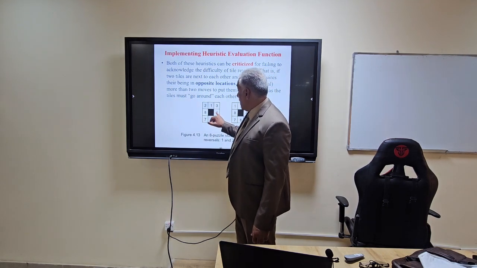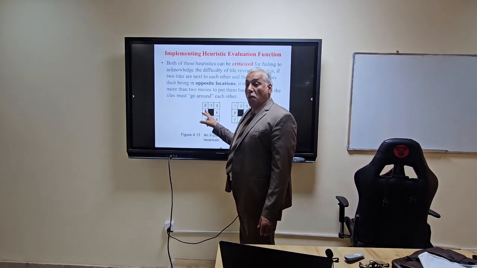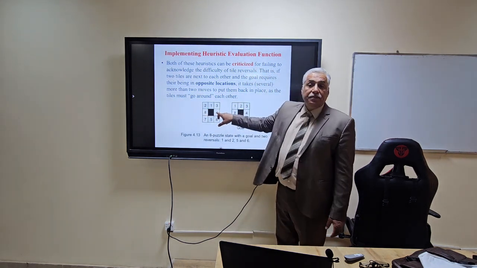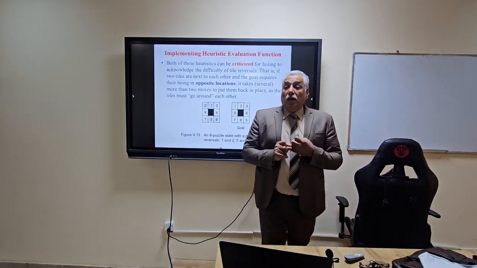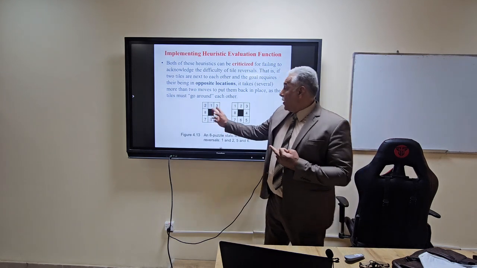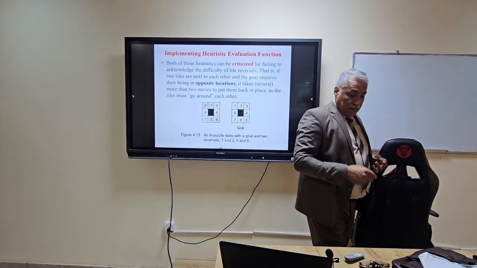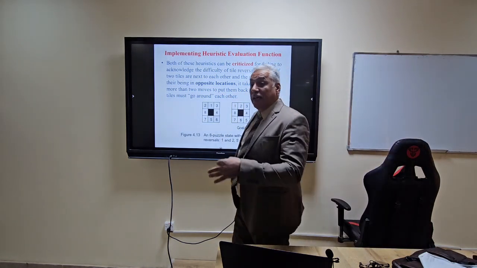For example, if I have 4 here, how many places must I visit to put 4 here? This is the distance. And the other one, the number of opposite places. Now I get 3 factors for the evaluation function.